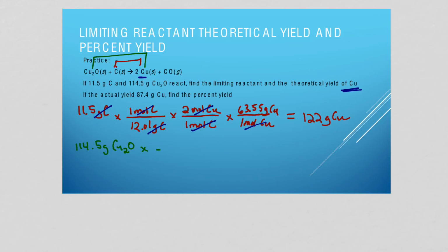Again, first thing, right? Got to convert it to moles. So 1 mole of copper oxide. Now, we got to calculate a molar mass here, so I'm going to do it up here.